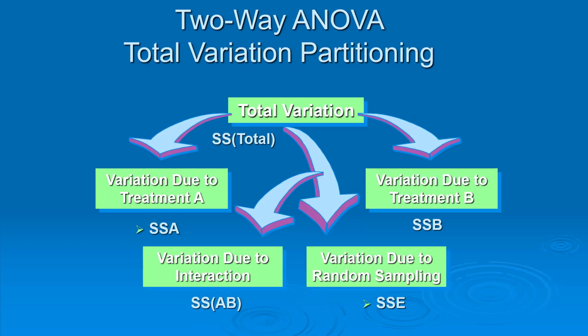It helps to know that the total sum of squares, all the variation in the response variable, is equal to the sum of squares for treatment A plus the sum of squares for treatment B plus the sum of squares for interaction plus the within-group or error sum of squares due to random sampling.